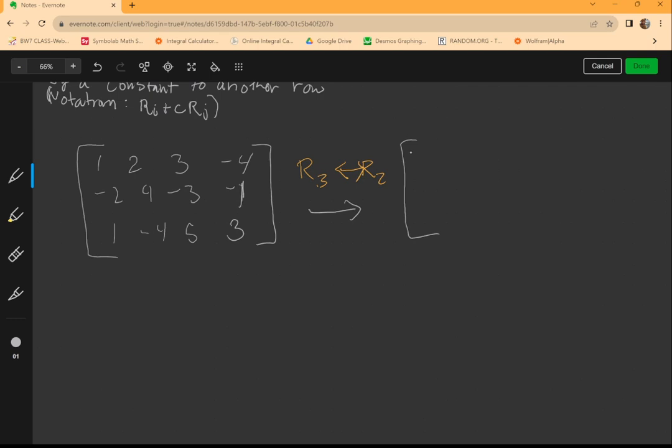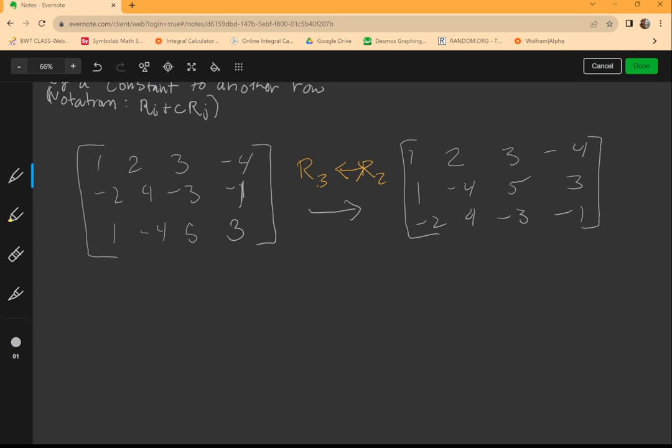So what I do here is 1, 2, 3, negative 4. And here we'll have 1, minus 4, 5, 3. And negative 2, 4, negative 3, negative 1. Okay, so what you see here is I swapped row 2 and row 3.